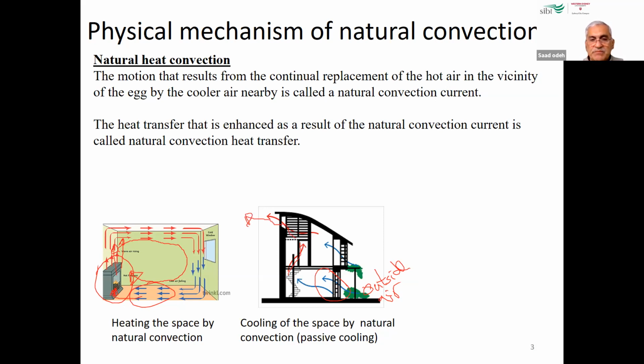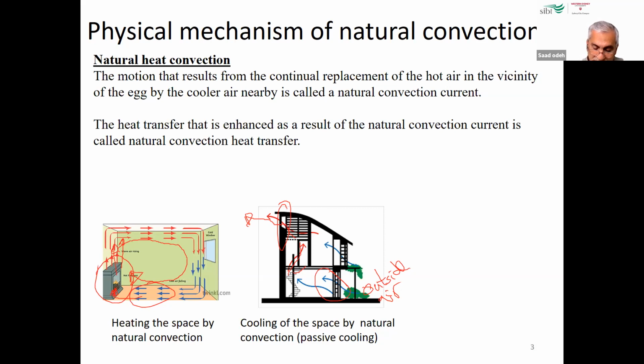If we have vents at the top, like windows at the top of the house, and windows at the lower part or the other side of the house, we always have circulation. The cool air enters the house, and the hot air exits because of its lower density, or also, if we have a wind effect, it moves the warmer air to the top part of the house and out through the upper windows.